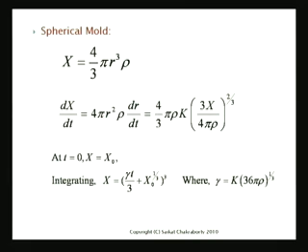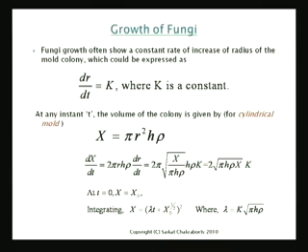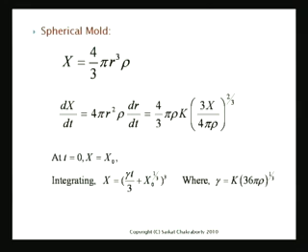It was some lambda t times something squared, and this one you get gamma t cubed. Which means that a spherical mold will grow much faster than a cylindrical mold. Right? It goes as cube of time, and that goes as square of time.